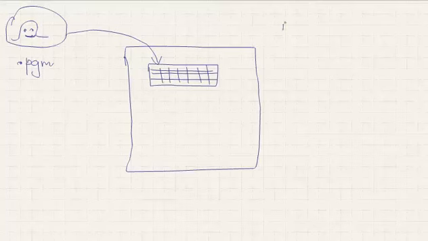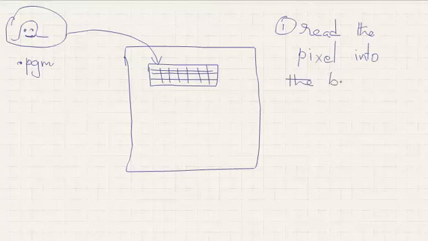So the first step is to read the pixel data or image data into the buffer. All right, that's the first step.